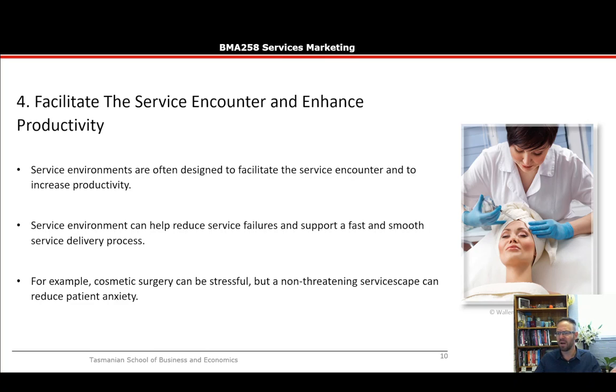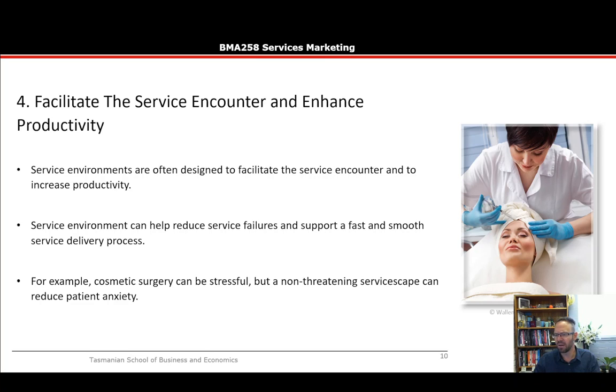So when we do design them, we will use our blueprinting, and on our blueprints, the very top line I think it is, there's a physical servicescape part of it, which physical elements are interacting with it, and that's to ensure that as our customers go through this service process, everything's there to support the productivity and the smoothness of that service delivery process.